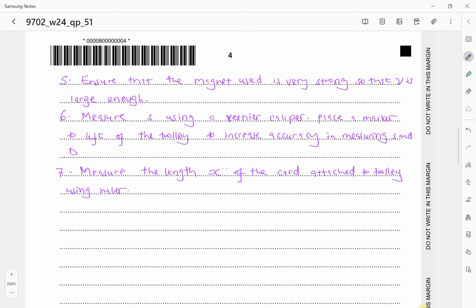Now I'm going to release the trolley after I think I've measured almost everything.